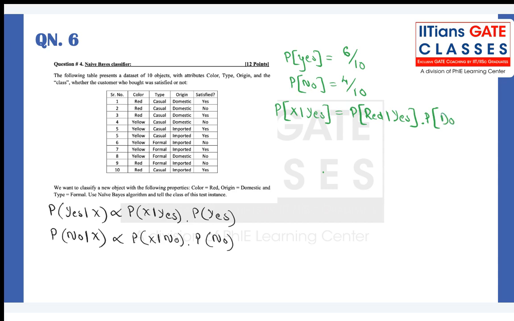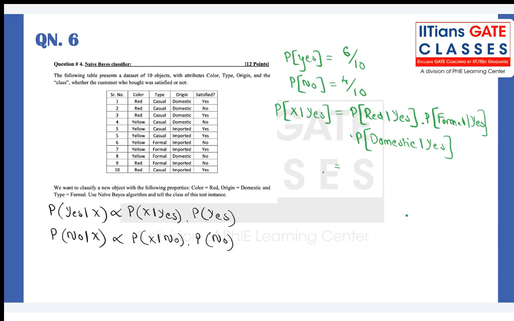Okay, so the second feature is type. Let's say type given formal given yes, multiplied by P of domestic given yes. So what is P of red given yes?